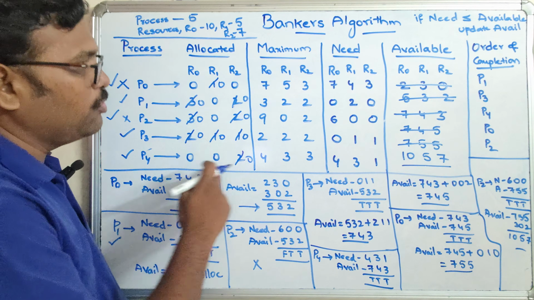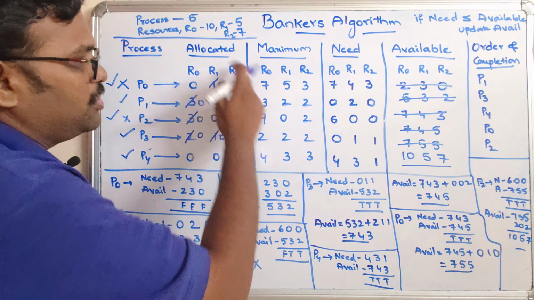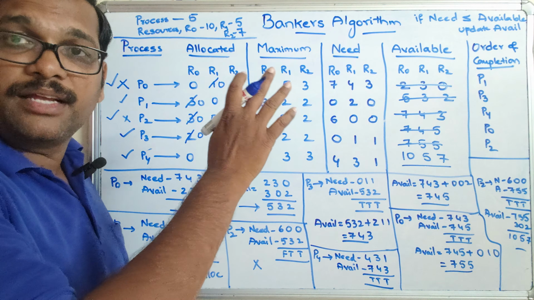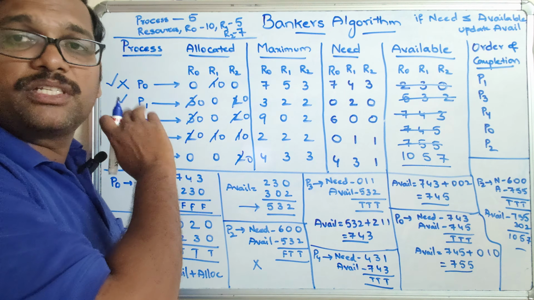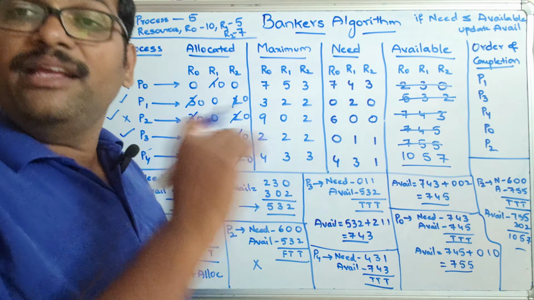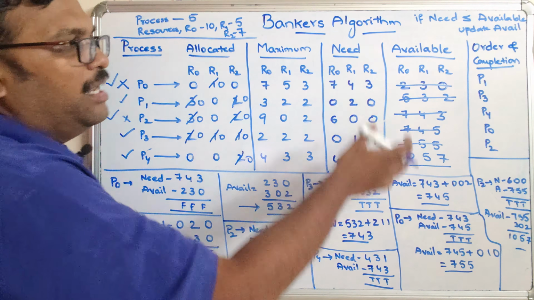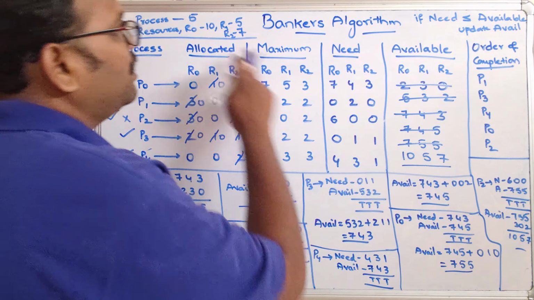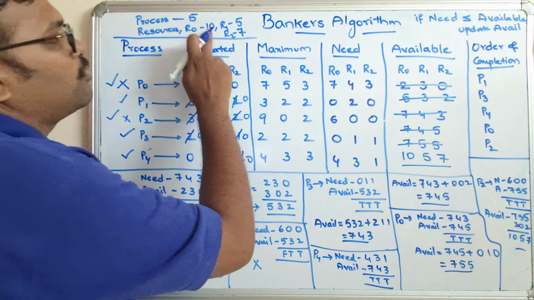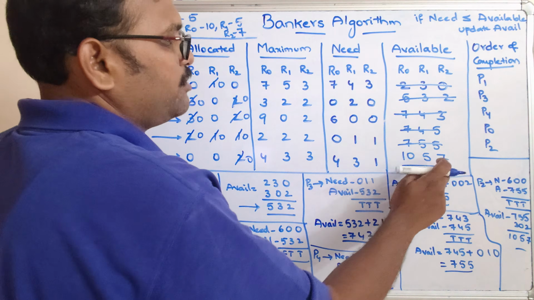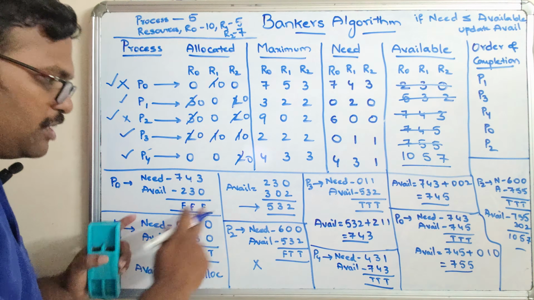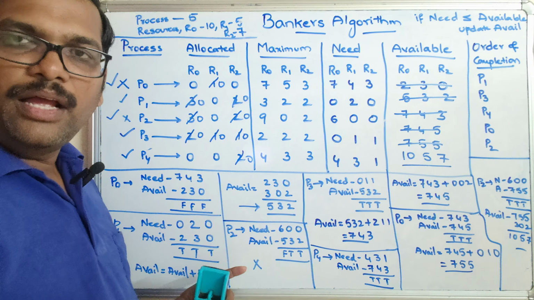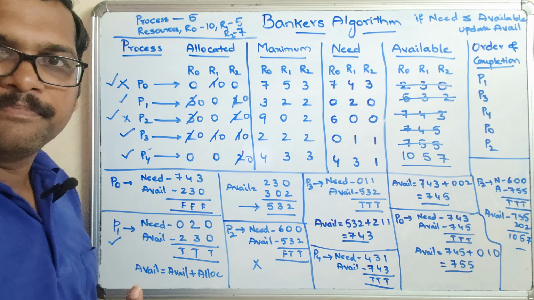So here we need to get all zeros in allocated resources, which means all processes have completed their execution, and every process has released and deallocated the resources. So finally, after completion, the available resources will be the maximum resources available. So 10, 5, 7 and 10, 5, 7. For every process we are checking the condition need less than available, and proceeding further.